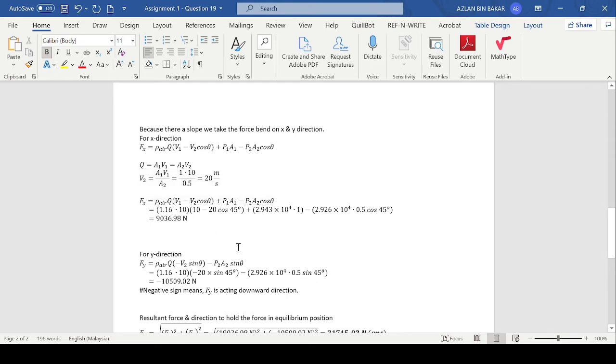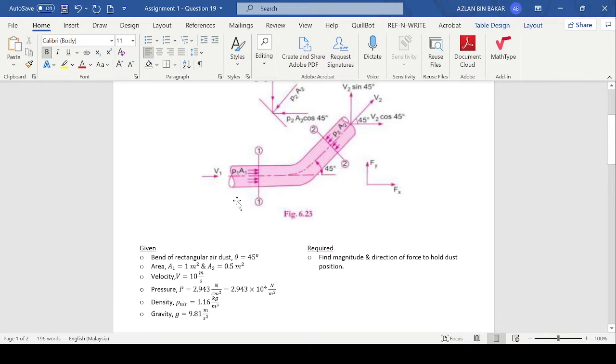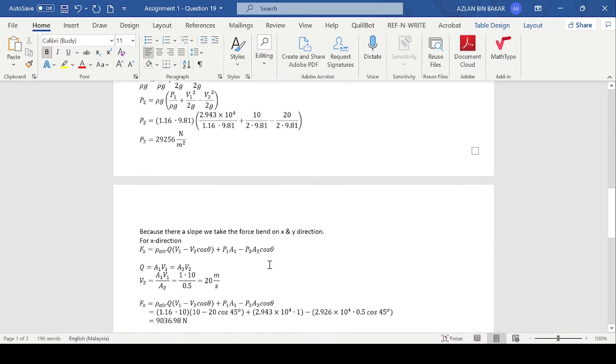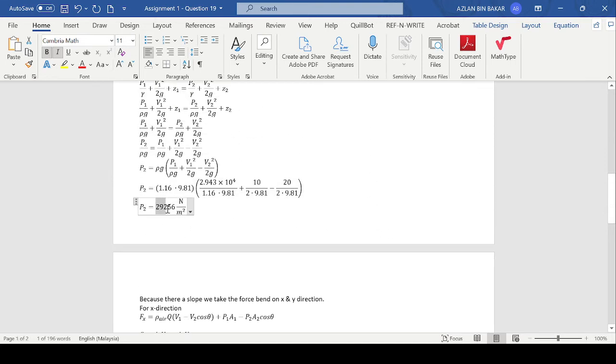This is the flow rate, and in this tube the flow rate is equal at point 1 and point 2. From the formula Q equal to AV, we get the velocity at point 2, which is 20 meter per second. Then we plug into the equation, and we get the pressure, which is 29256 Newton per meter square.